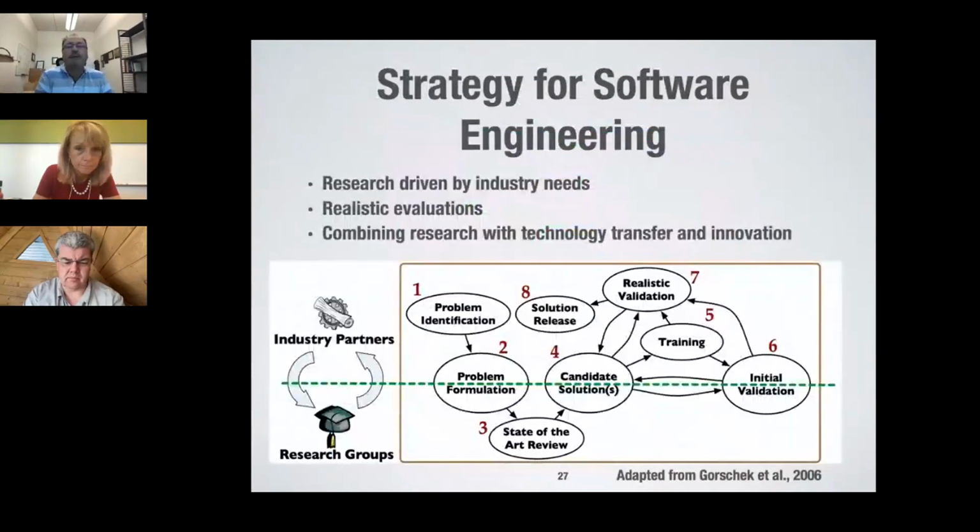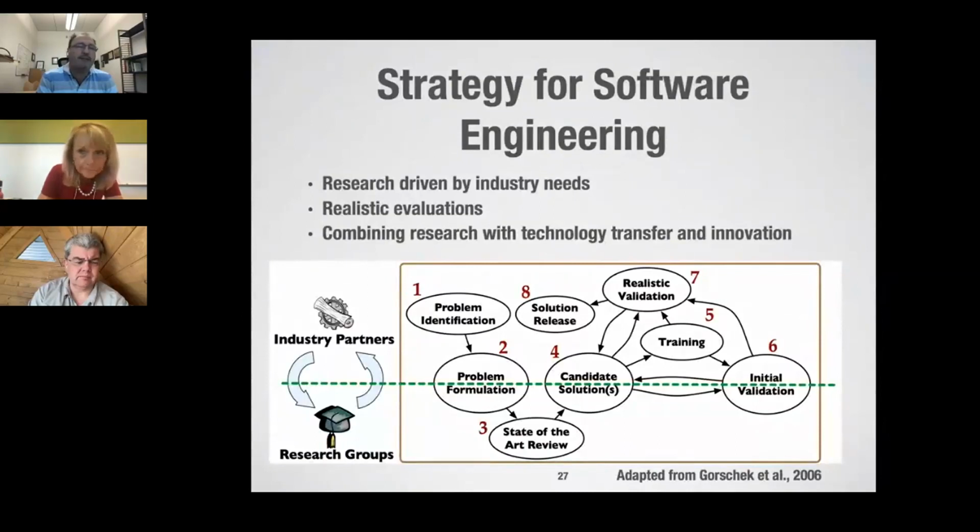And if we want to implement that model in software engineering, there are different ways to do it, but one way I've been using follows the model that has been proposed earlier by Gorschek et al., a model where research is driven by industry needs.